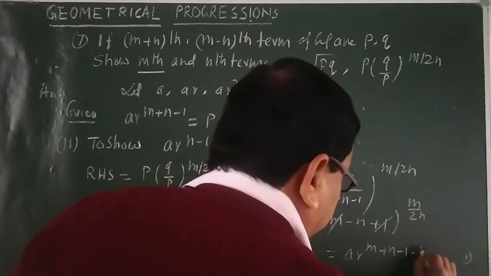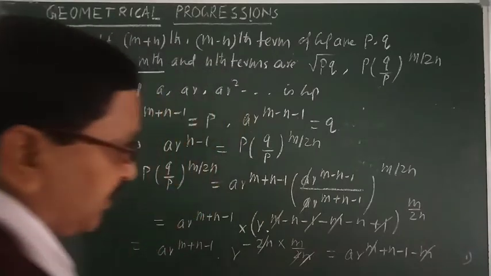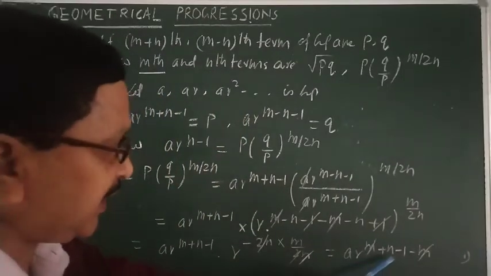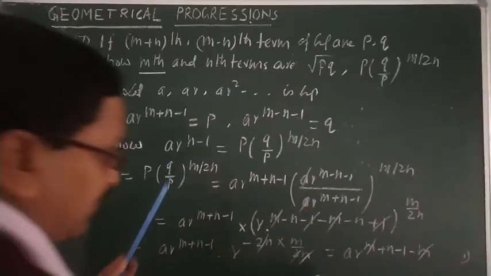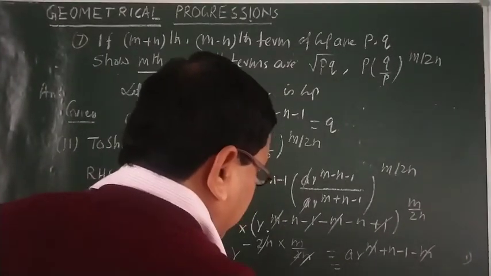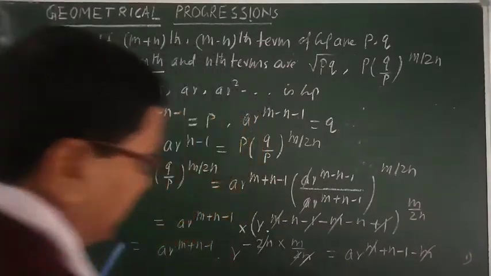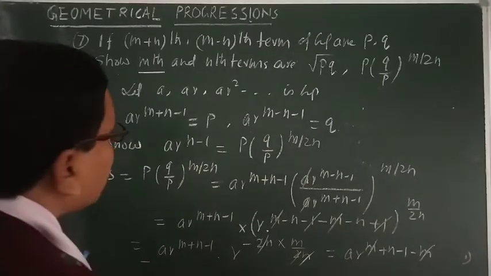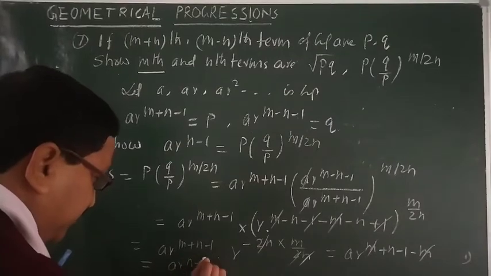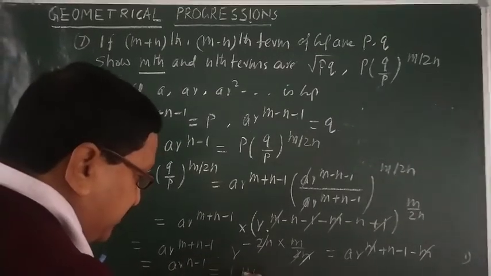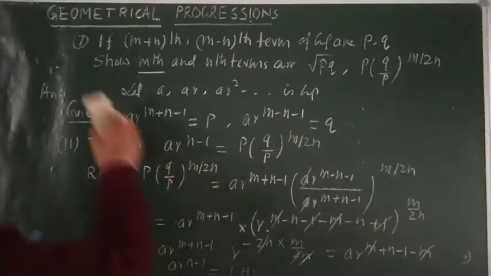So write minus m. So this is cancelled. We are left with AR^(n-1), and this is the LHS, AR^(n-1). The proof is successful.